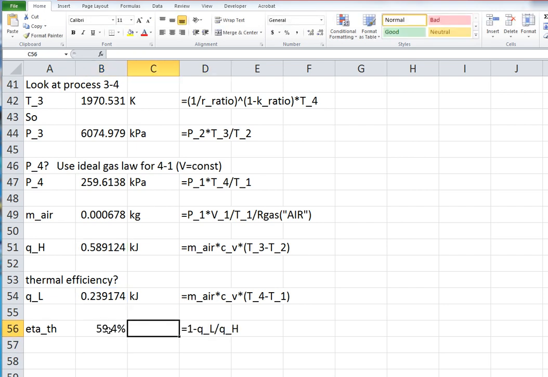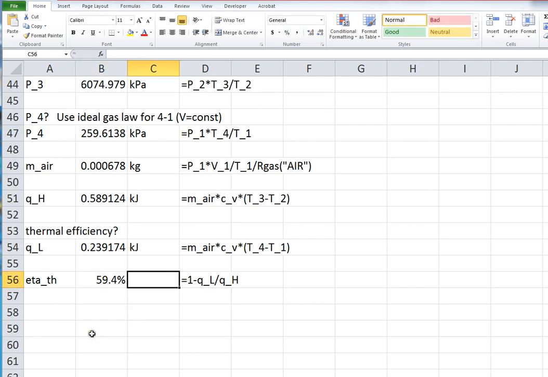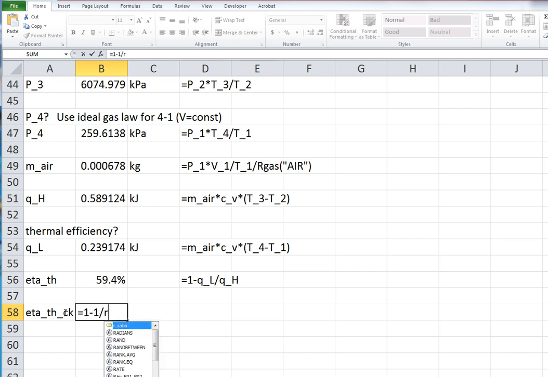Now, since this is the ideal cycle with no irreversibilities and constant specific heats, we can also check it from the formula, which was, I don't know, I'm going from memory here, which is bad. We'll have to go flip through the book. This is raised to some power, but I don't remember what it is.